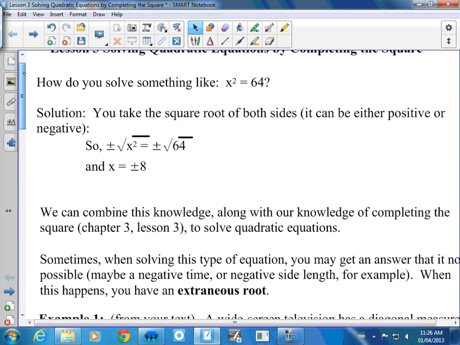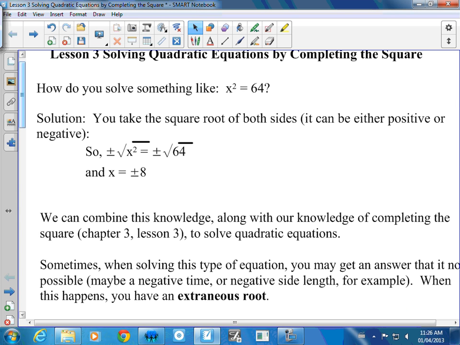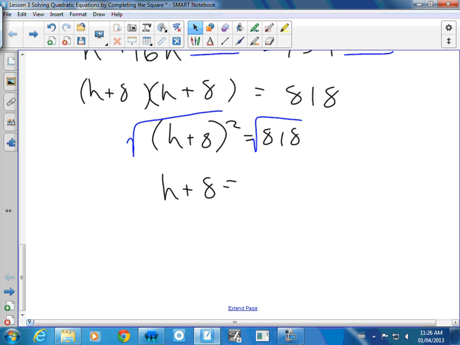What was the square root of 64? Plus or minus 8. So what is going to be the square root of 818? Plus or minus whatever the number is. Now, can you take the square root of 818? Is it a nice number? No, it's an ugly number, right? So what are we going to leave it as instead? Plus or minus the square root of 818. You just leave it as that.